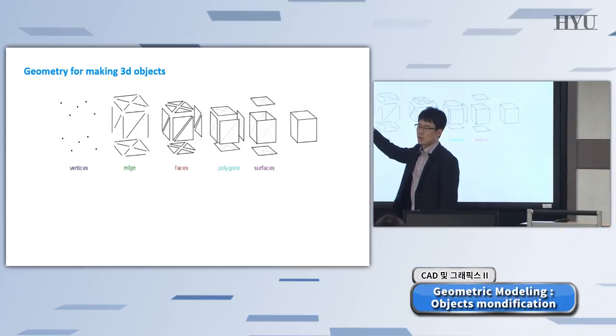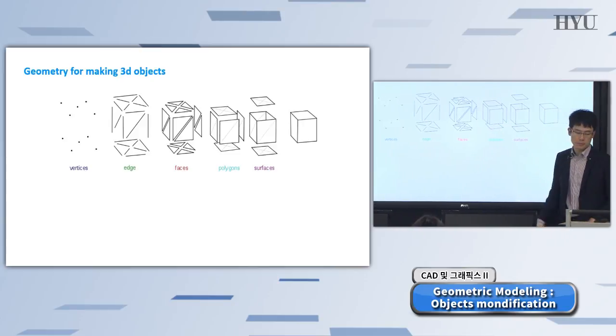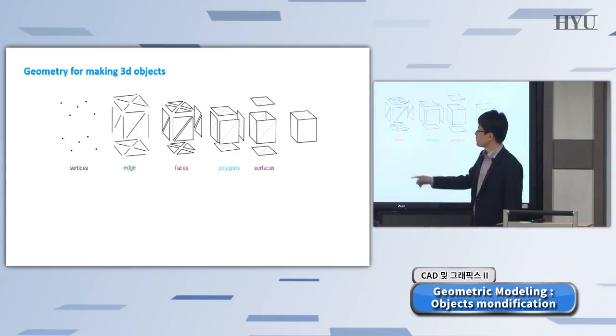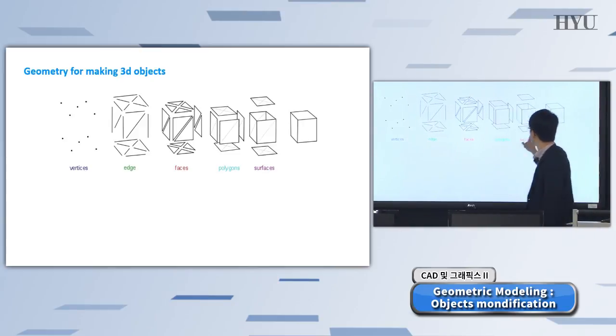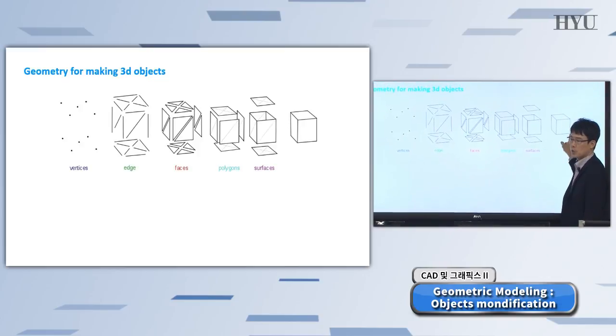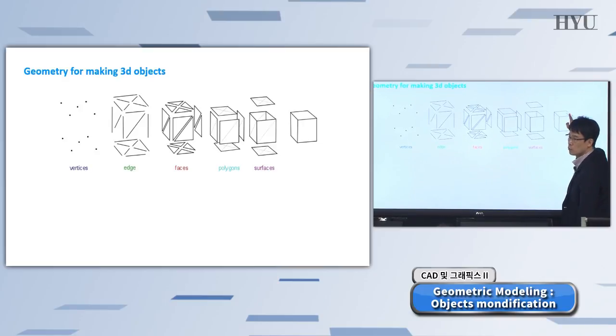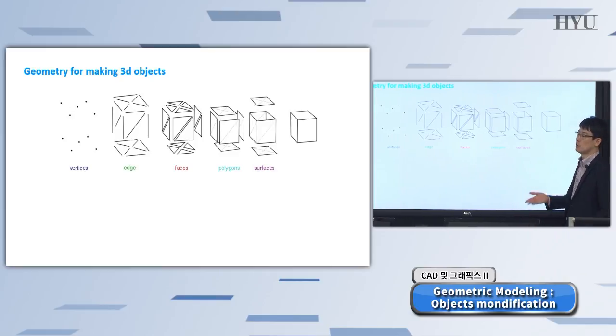They are points, lines, and polygons in terms of geometry. So if you drag one of the vertices in this box, your geometry is going to be changed, okay? If you rotate this line, your box shape is also going to be changed. That's what happened and what you learned in SketchUp.